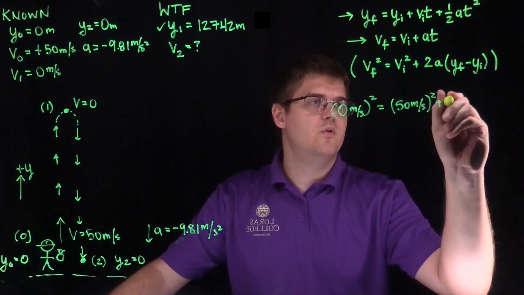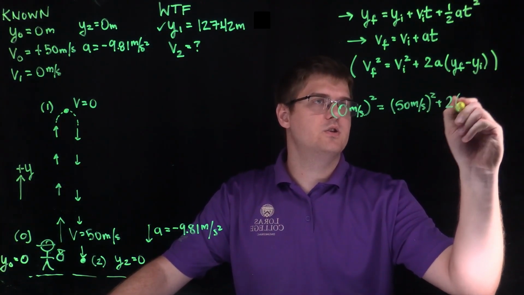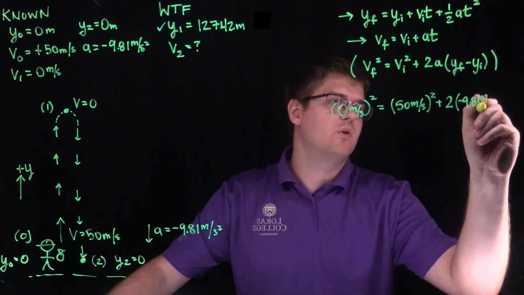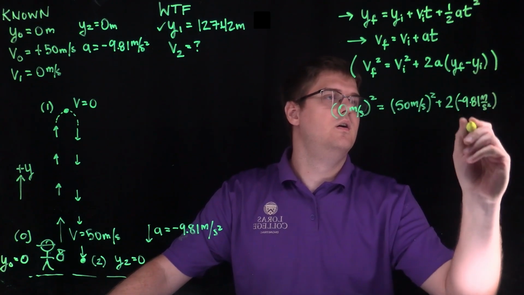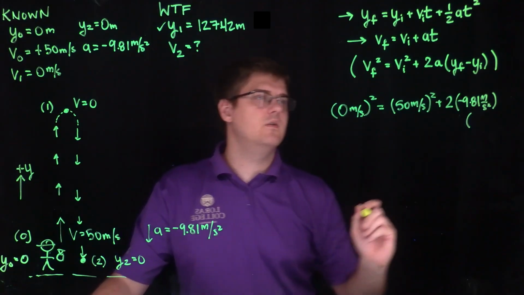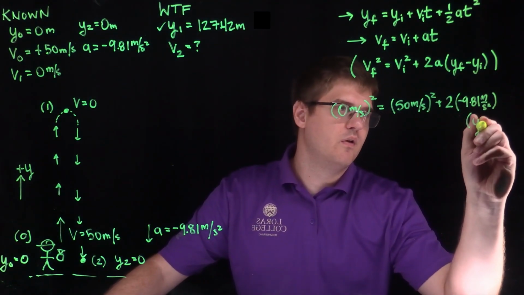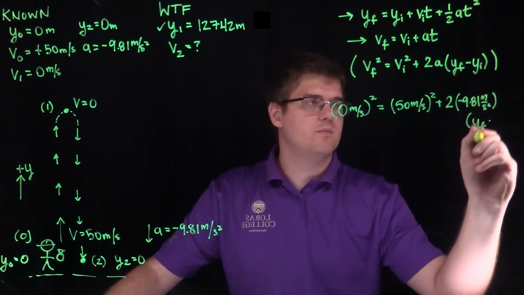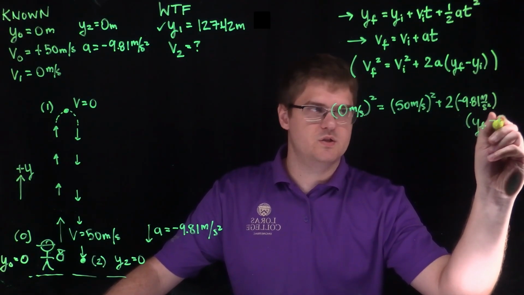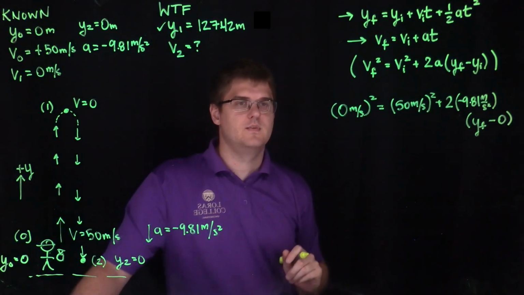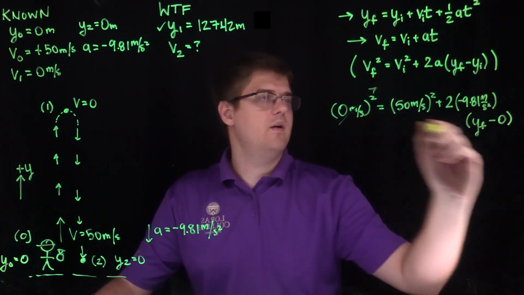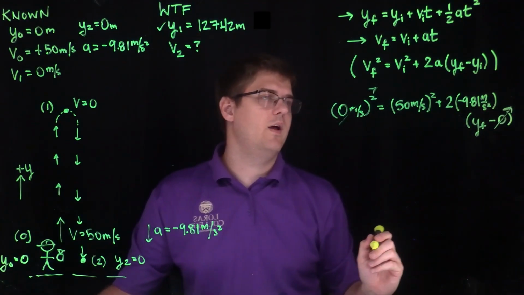Plus 2 times my acceleration, which is negative 9.81 meters per second squared, times, running out of room, my y final, which I want, minus my y initial, which is 0. Okay, that's 0, it goes away.